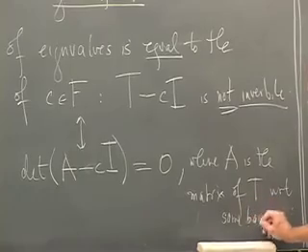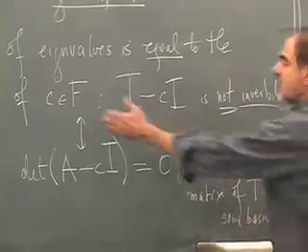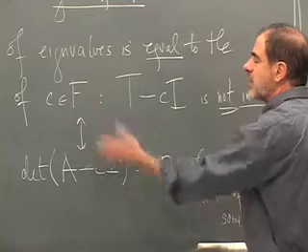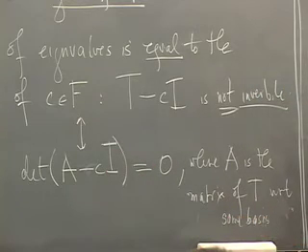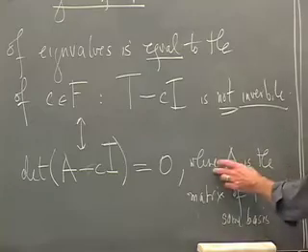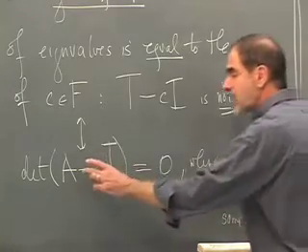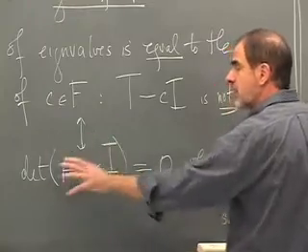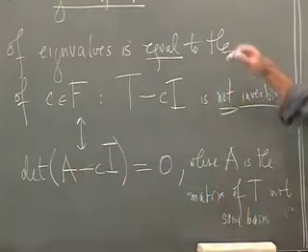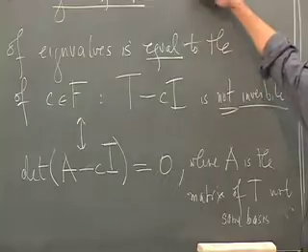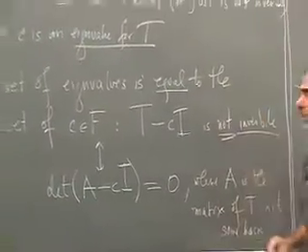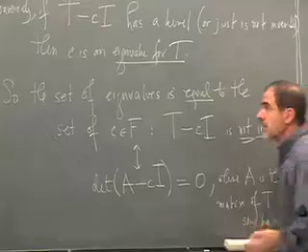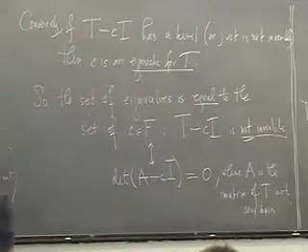The identity operator always has the identity matrix no matter what basis you choose. Same thing for a constant times the identity. So you choose some basis, you take the matrix of your operator, and then you calculate the matrix of this operator, which is a little different. You take its determinant, and if its determinant is 0, then this operator is not invertible, and consequently C is an eigenvalue. Now that looks like, well, what does that help? But it helps in the following way.